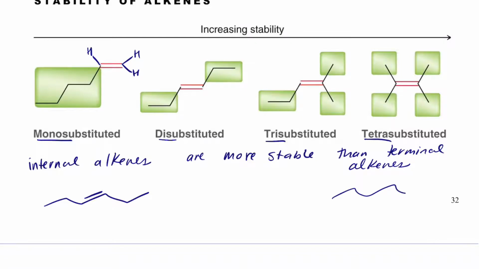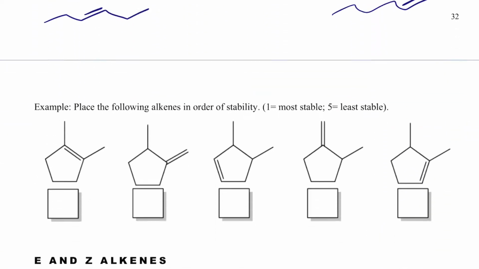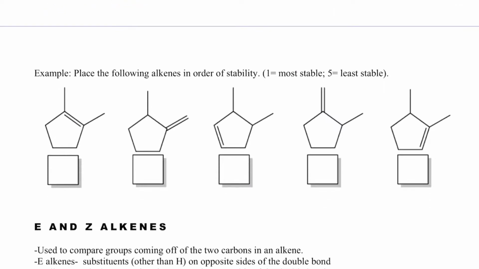And that would look something like this. So that's just good information to know so we can answer this next question. The more substituted we are, the more stable, and internal alkenes are more stable than terminal alkenes.